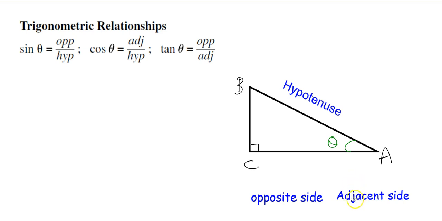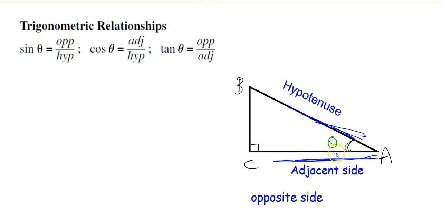I suggest you go to the adjacent side second, after the hypotenuse, because it's very easy: you are looking at this angle theta, and for this angle those are the two sides. One side you already named as the hypotenuse, so this side is gone for that angle, so the remaining side has to be the adjacent side.